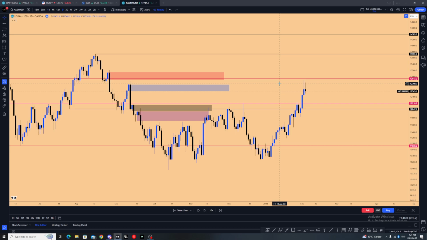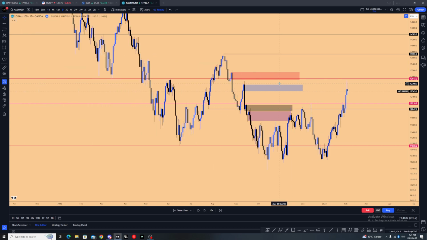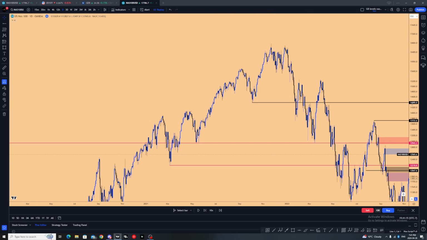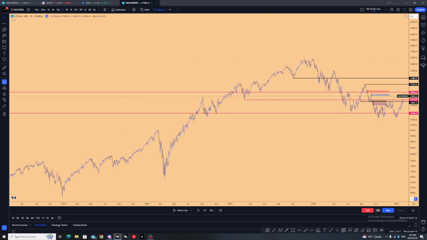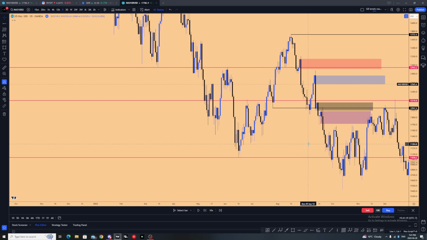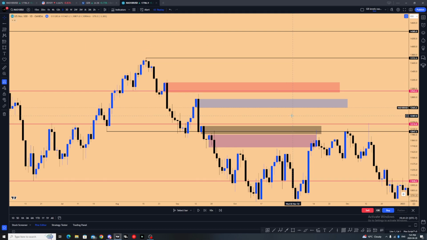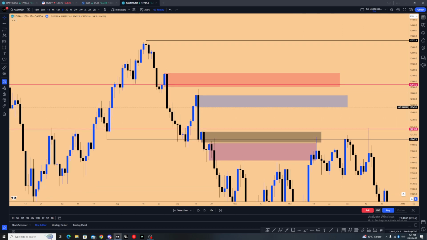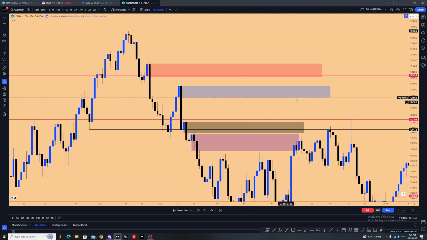You have to tell me which order block is defined based on the definitions I told you. Is it a bullish order block? Is it a bearish order block? Is it a propulsion block? Is it a breaker? Or is it a mitigation block? Out of these 4 order blocks I mapped out.